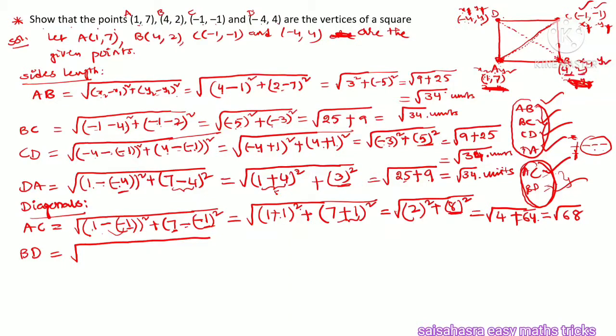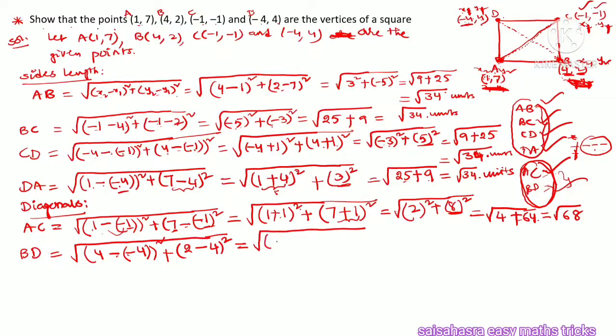This is x2 and this is y2. x2 is 4 minus x1, x1 is minus 4, overall square. Side by side symbols are there, that's why you can separate with bracket. y2 minus y1 plus y2, y2 is 2 minus y1 is 4, square.